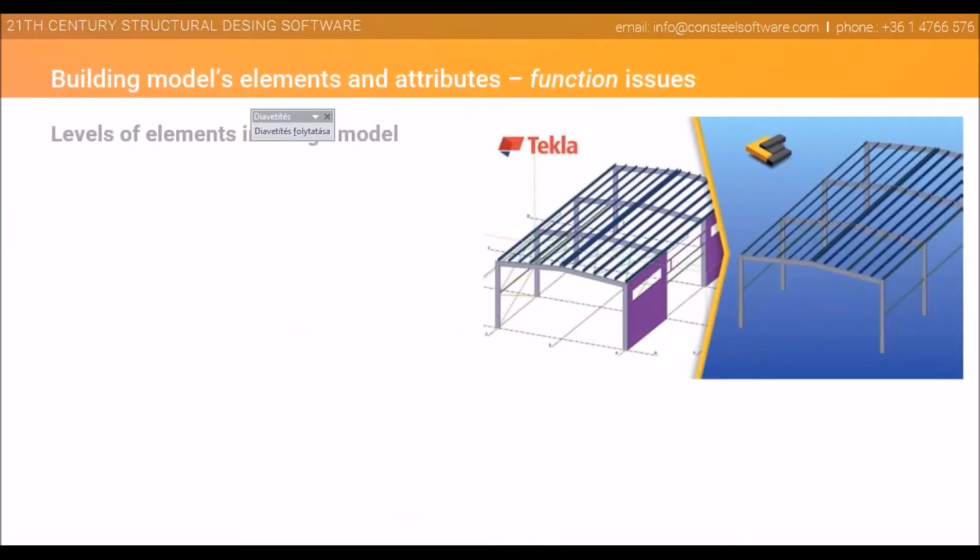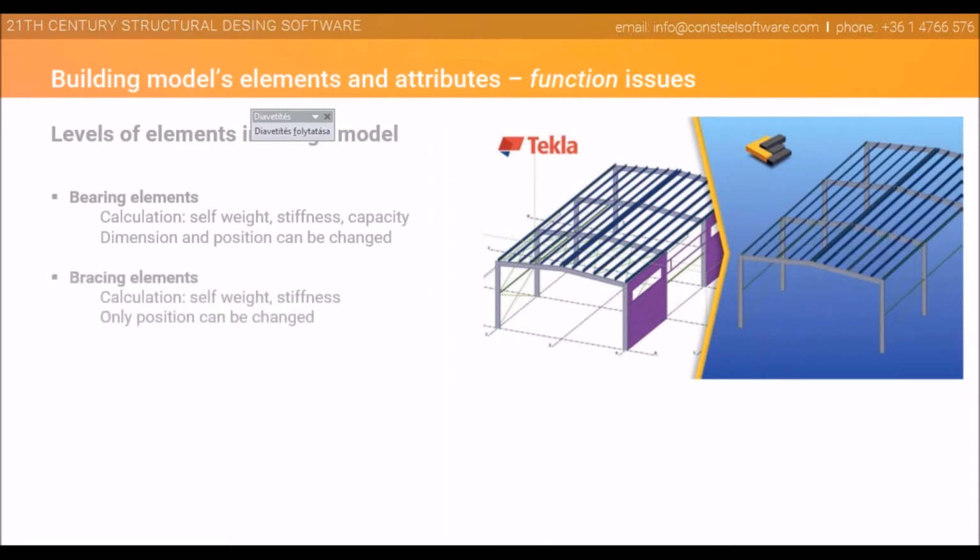From the point of view of the analysis model, especially in the case of steel design, we can categorize the elements of the physical BIM model according to their role in the calculation. Bearing elements are the subject of our calculations. These elements are carrying the loads. Their stiffness and bearing capacity are included in the calculations. Dimensions and also the position can be changed.